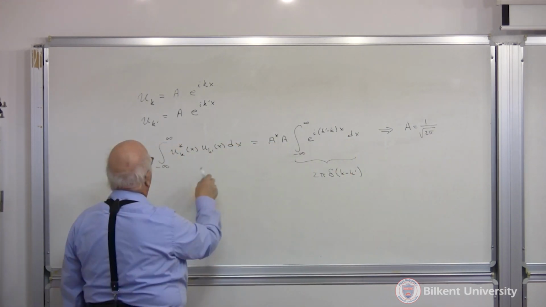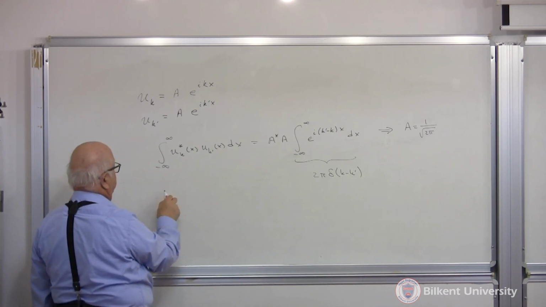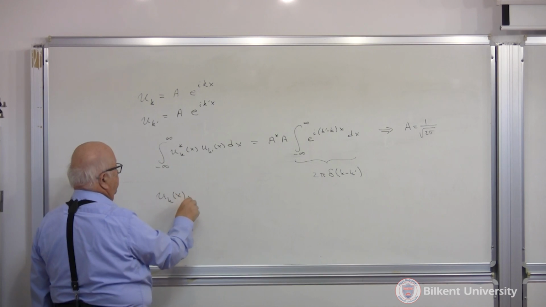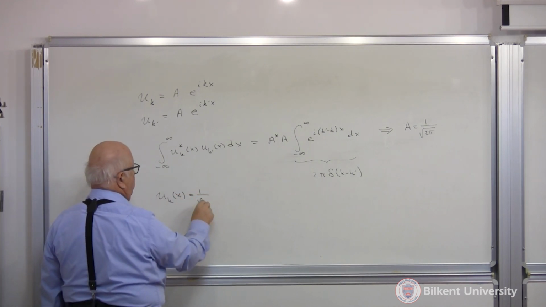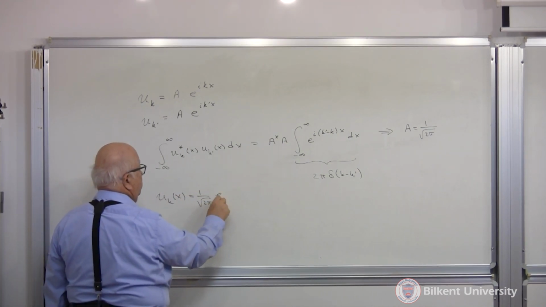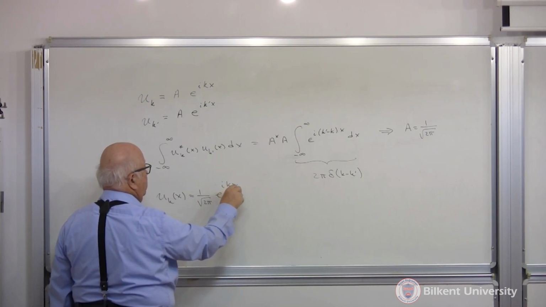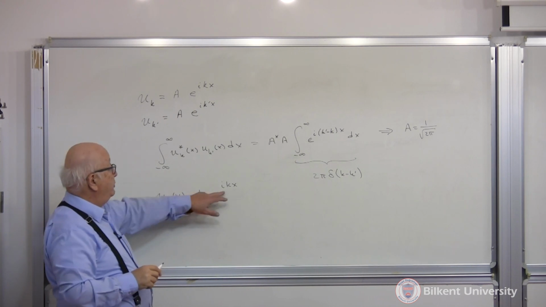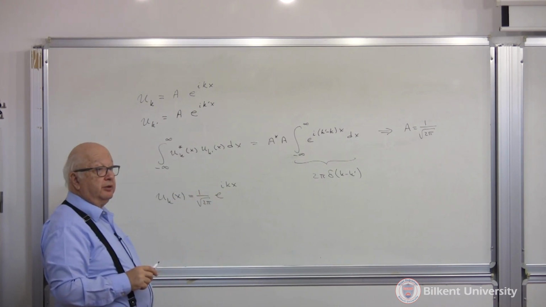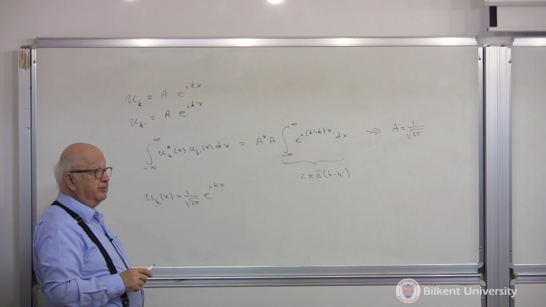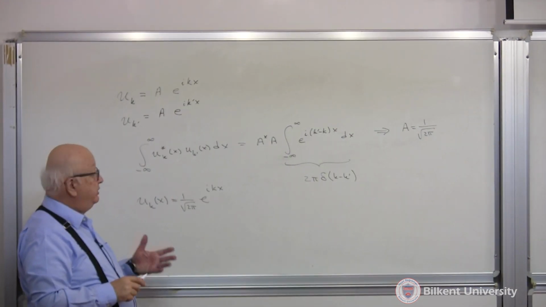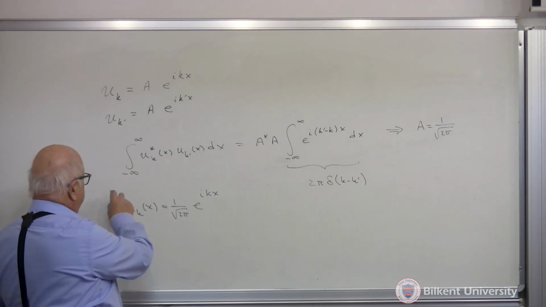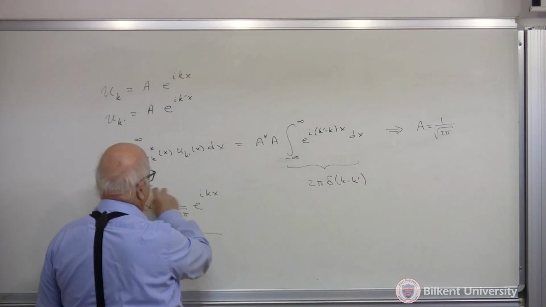So let me just write down my u_k now. u_k of x is 1 over the square root of 2 pi e to the i k x. It corresponds to a particle with a definite momentum, which is equal to k times h bar, and energy p squared over 2m. All right, so these are now my eigenstates.